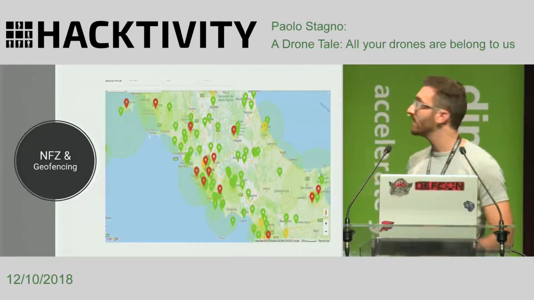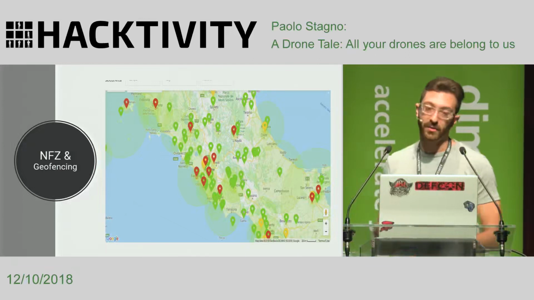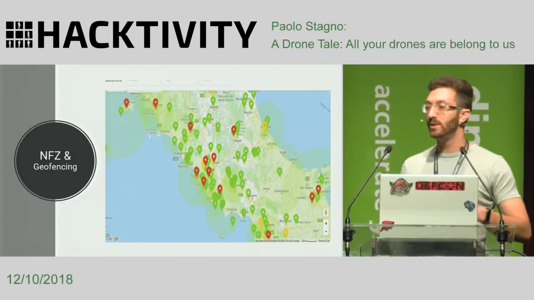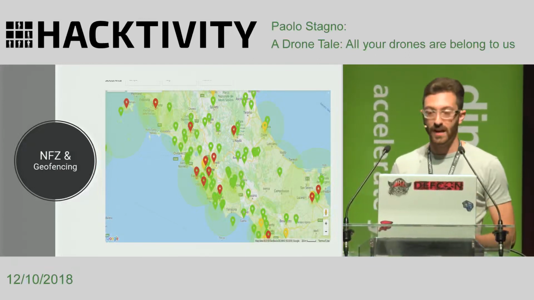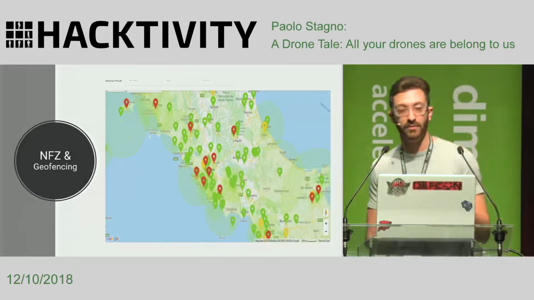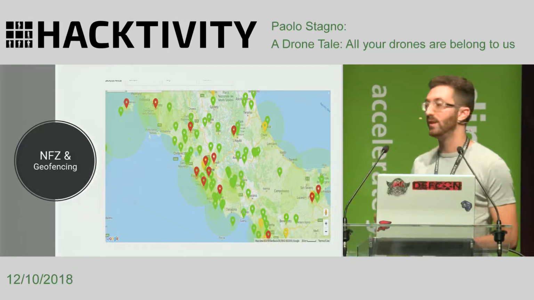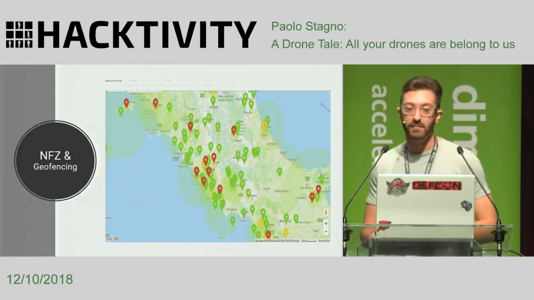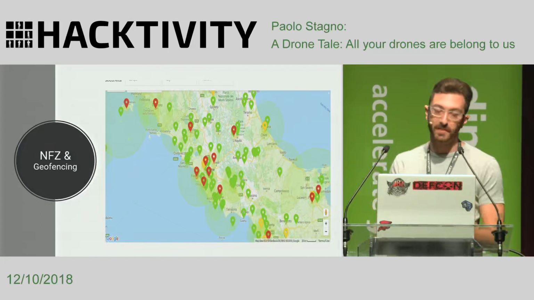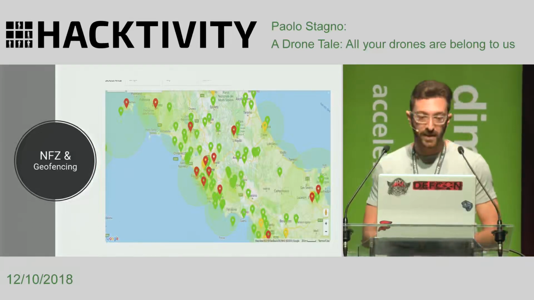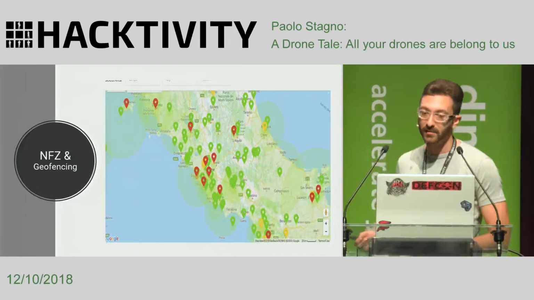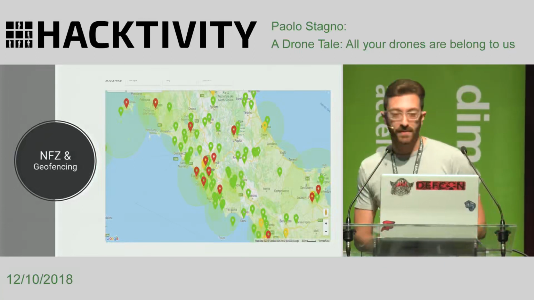So there is the warning zone, in green, where the user will just be prompted with a warning message. For example, a protected wildlife area will have the green marker, but you will just get a warning message and you will be able to fly. After that, we have the yellow zone, or authorization zone.